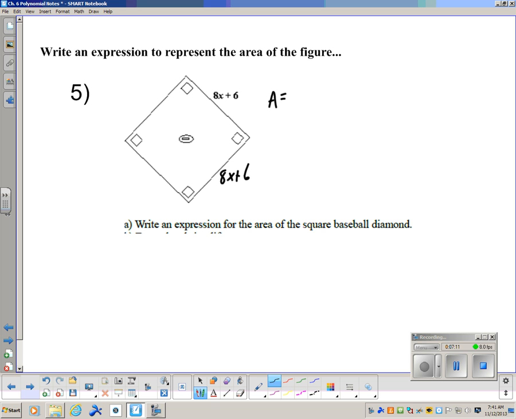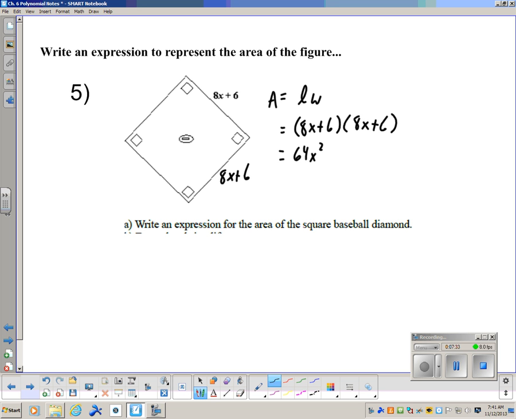So we can go ahead and take our side times our side, or our length times our width there for the square. So you get 8x plus 6 times 8x plus 6. So multiplying those, FOILing those out, 8x times 8x here is 64x squared.